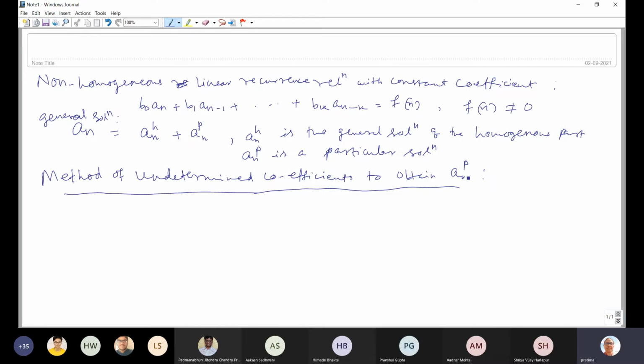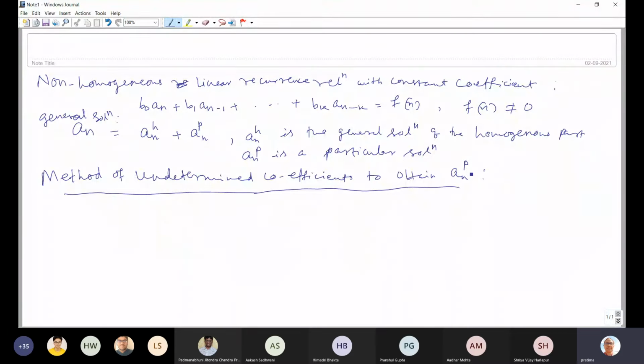It will involve some unknown constants, and its form is constructed depending on f(n).